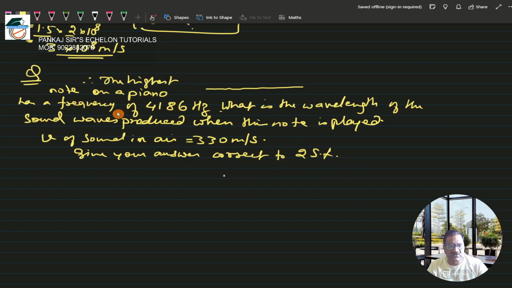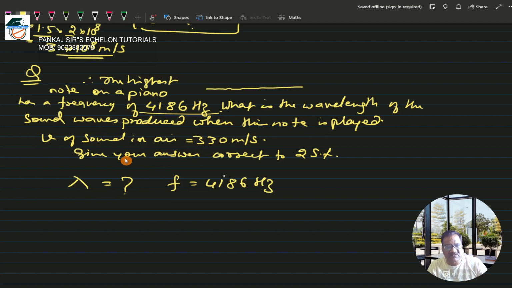The highest note on a piano has a frequency of 4186 hertz. So what is the wavelength, lambda, that you have to find out? Your frequency is given as 4186 hertz. Lambda is something which you have to find out, the wavelength of the sound wave produced.